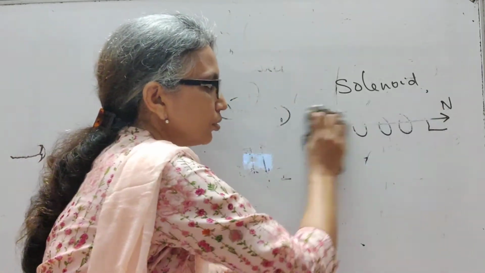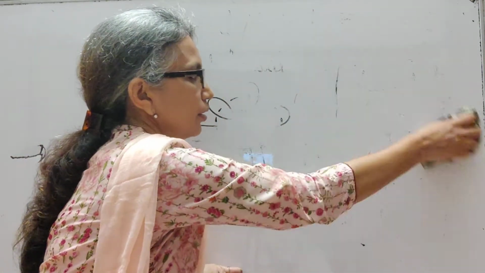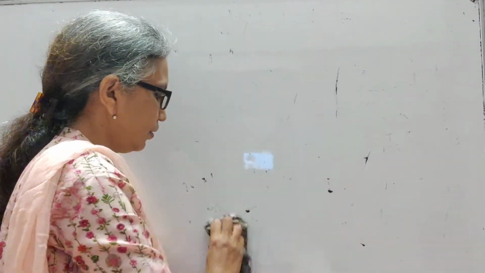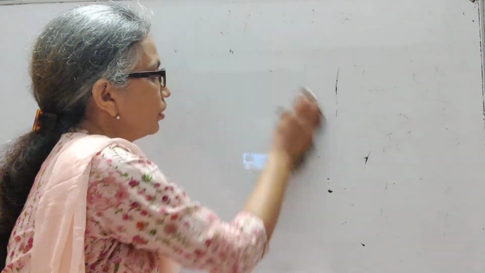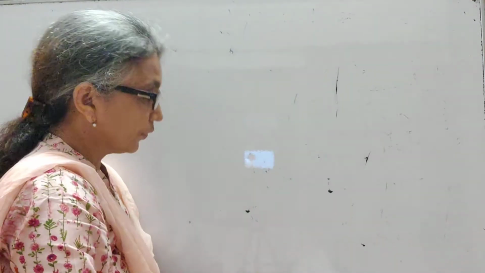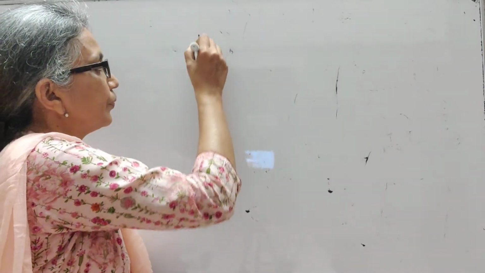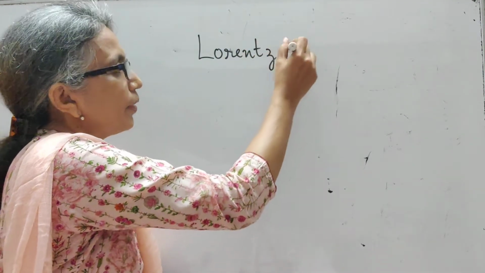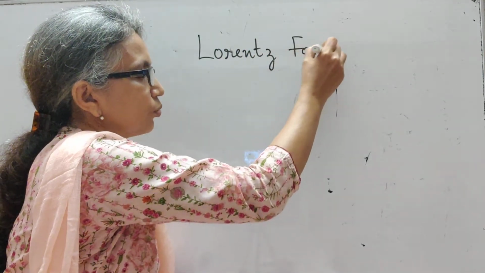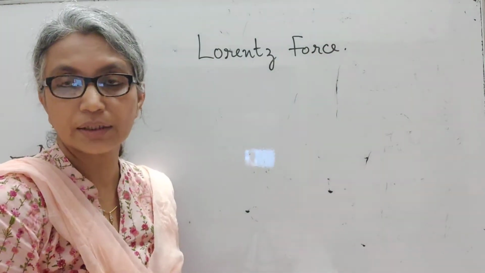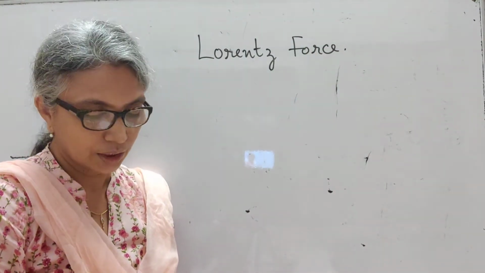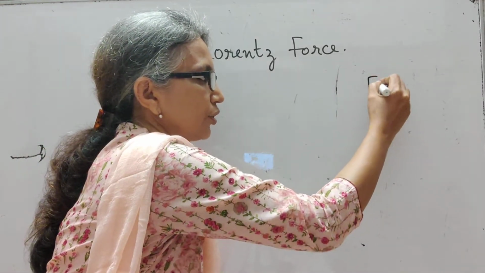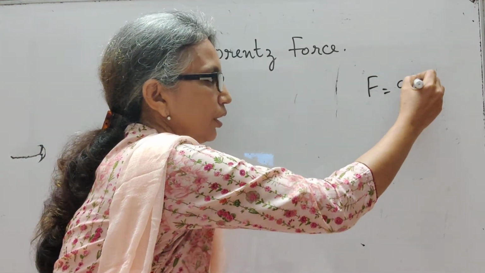Next, what we are going to look into is the Lorentz force. The magnetic Lorentz force. This is what we are going to discuss now. Now in electrostatics, we have the force acting on a charged particle as QE.